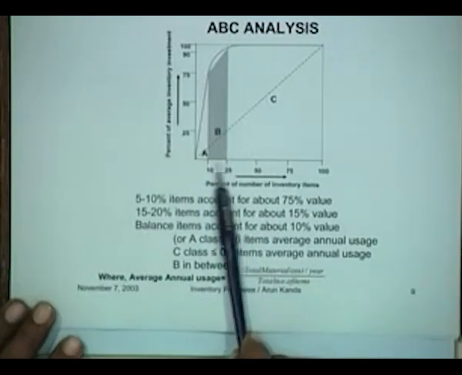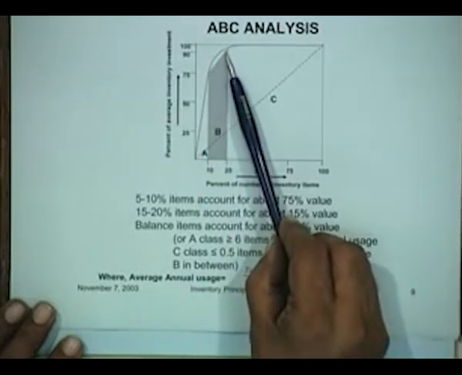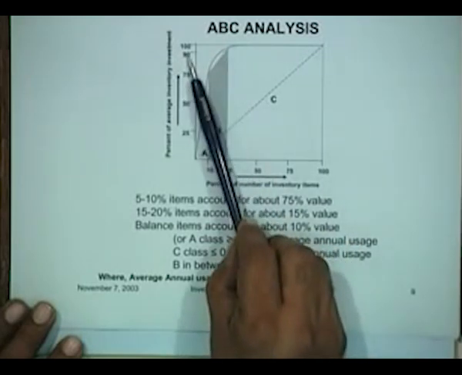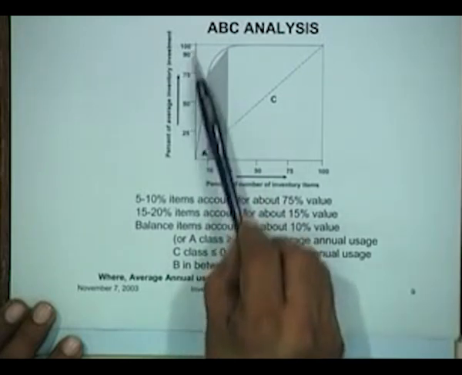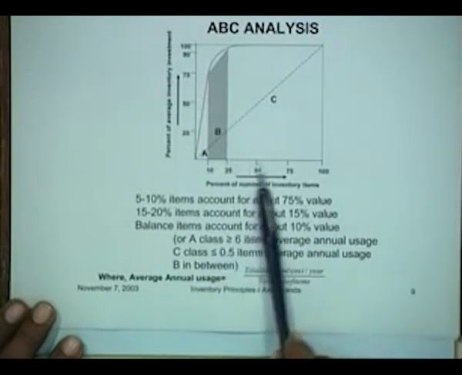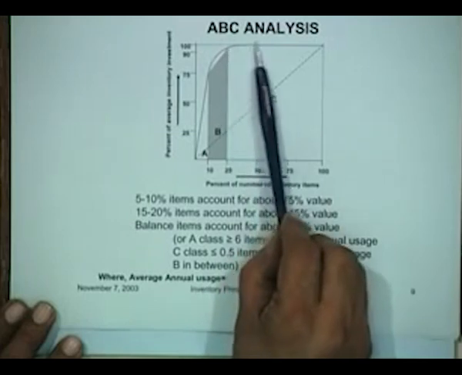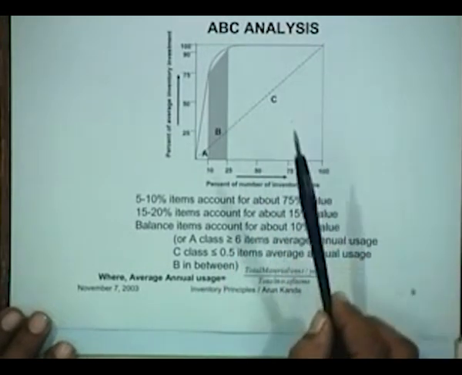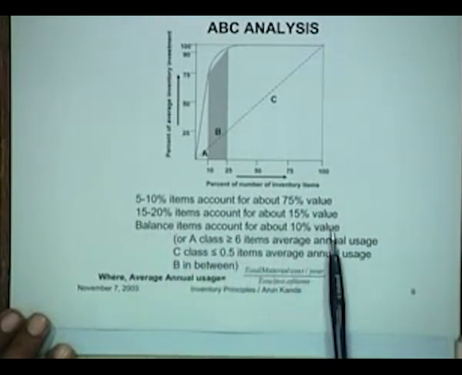The next 15% to 25% of items are responsible for 75 to about 90% of the cost. Beyond that, the remaining 75% of the items are responsible for only the remaining 10% of the cost. This is one way of classifying items.